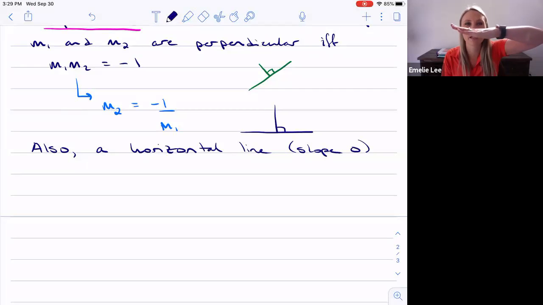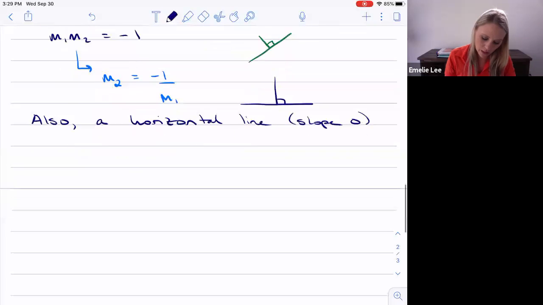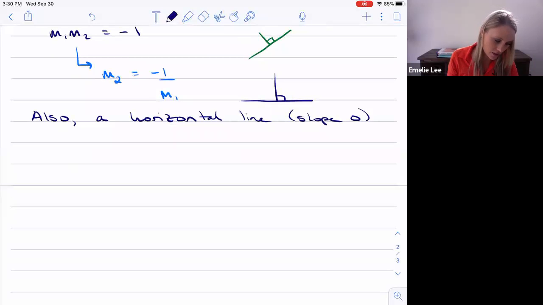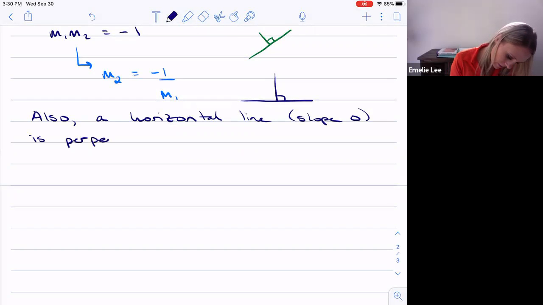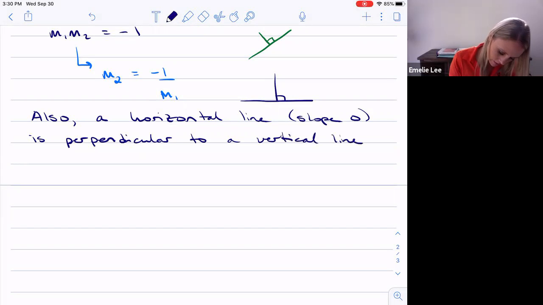If it's something like this, then you have no rise, but you do have some run. So 0 divided by anything is 0. So a horizontal line, slope 0, is perpendicular to a vertical line, which we say has no slope.